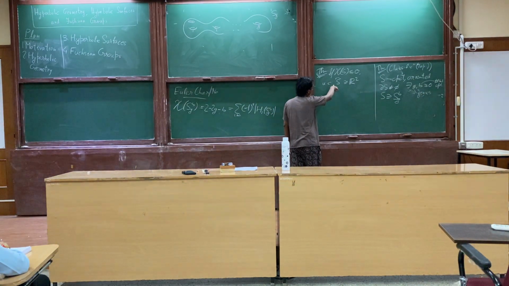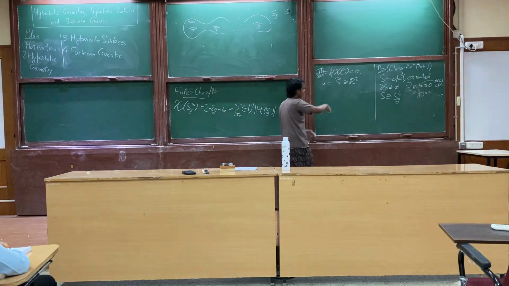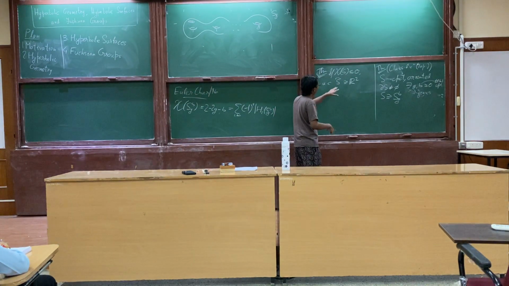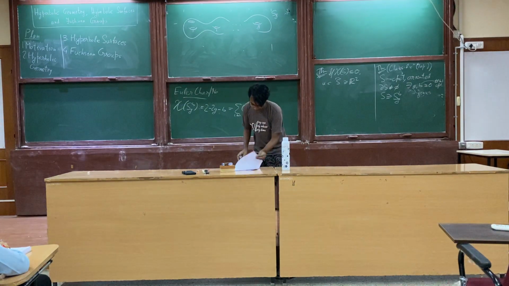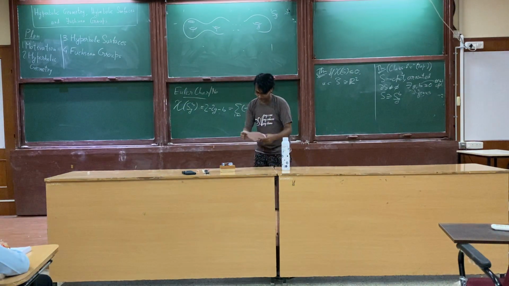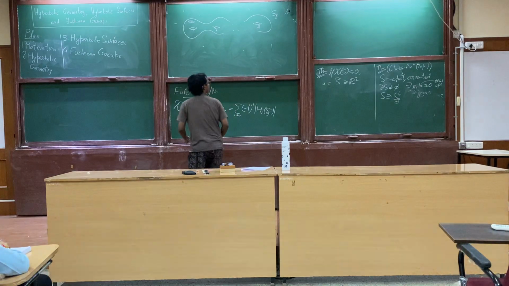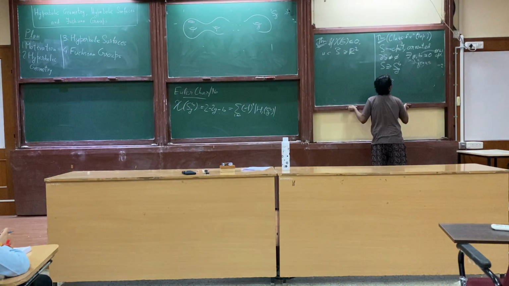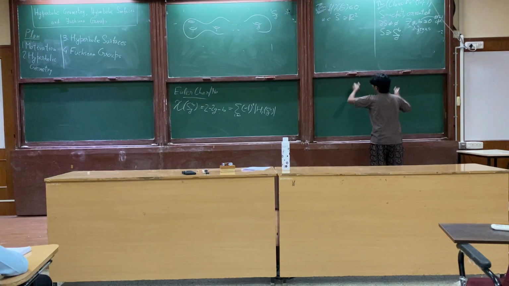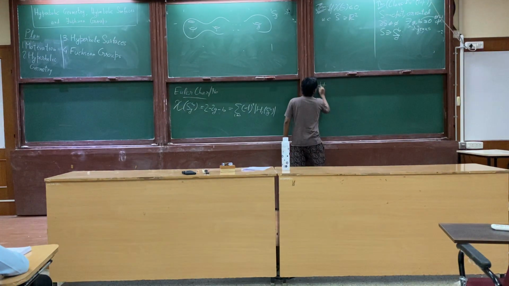But in fact, we'll strengthen this to somehow say that it's the geometry of the hyperbolic plane which can be projected down. But before that, let's talk of curvature, right? We need to talk of curvature. Curvature.